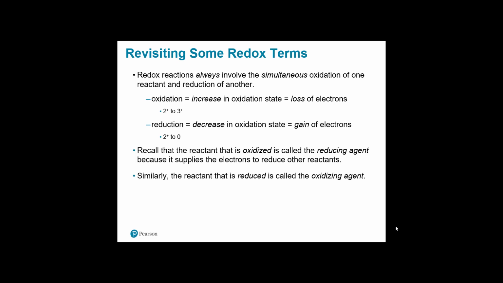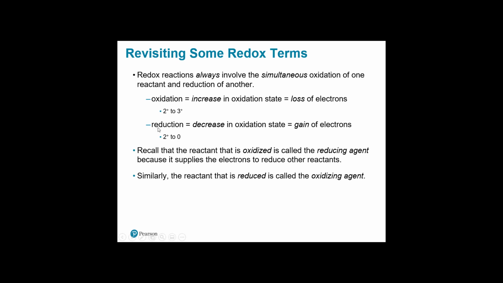Redox always involves simultaneous oxidation and reduction, so it has to have both occurring. If one occurs and the other doesn't, it's not a redox reaction. What is an oxidation? You increase an oxidation state. You are losing electrons. For example, if you have something with an oxidation state of 2+ and you lose another electron, you are now at 3+.